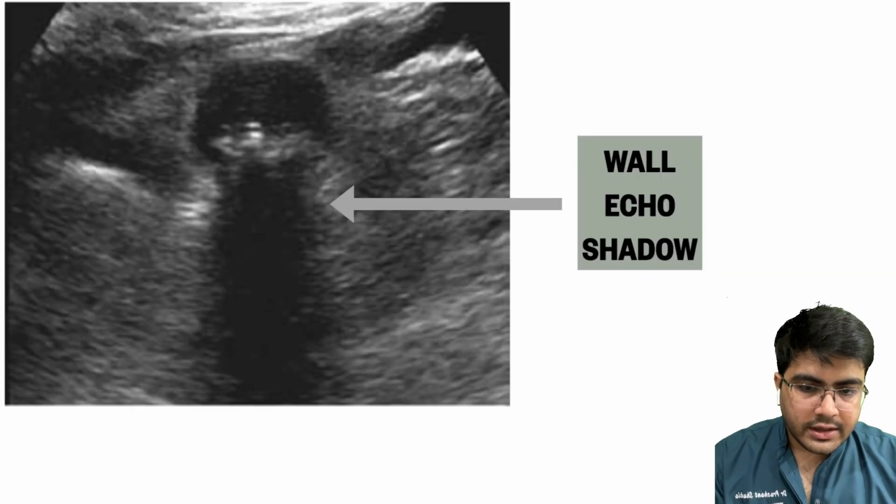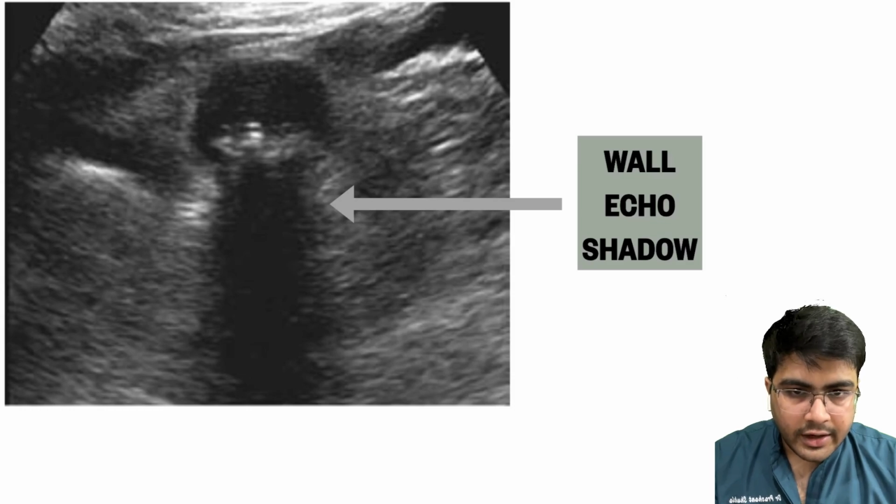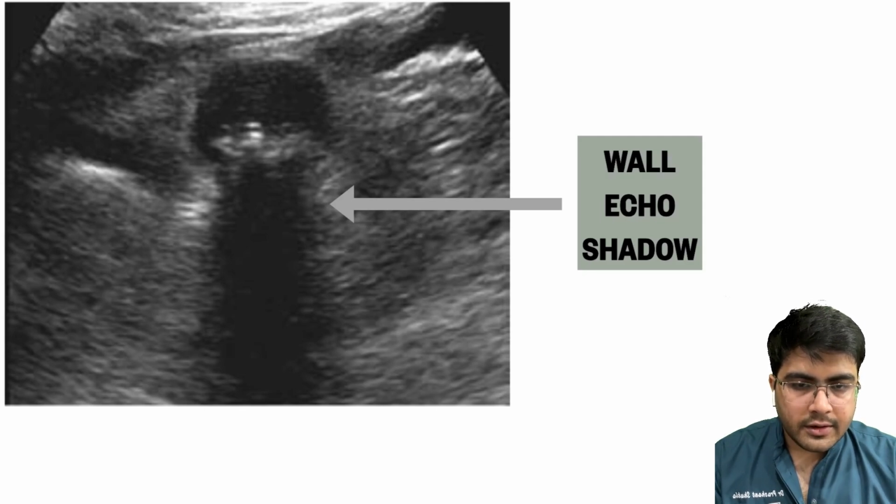This is a very classical radiological ultrasound image in a patient of gallstones. Here we get the clearly defined wall of the gallbladder. Then we get a very echoic structure, and this echoic structure imparts a shadow along its further path.